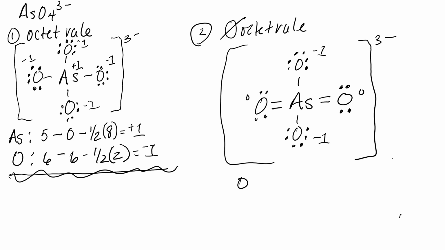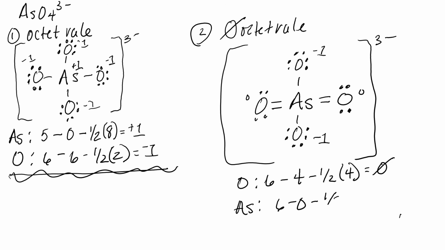But for oxygen, with its preferred bonding pattern of double bond and 2 lone pairs, we have 6 minus 4 minus 1/2 times 4 gives me a 0. Arsenic, 5 minus 0 minus 1/2 times 10. Oh wait, 5. This is 5. Sorry about that. So 0 here.